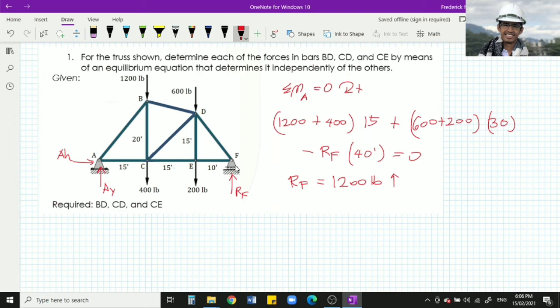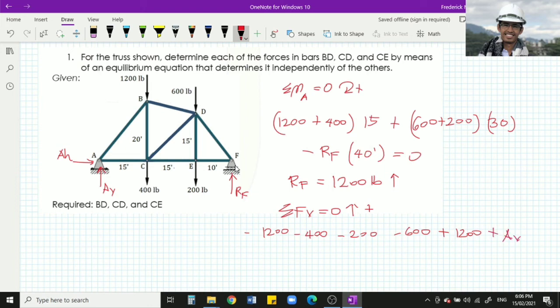So, para makuha natin yung A vertical natin, so magsa-summation forces vertical lang din tayo. Okay? So, summation forces vertical is equal to 0, upward positive. So, that will be negative 1,200 minus 400 minus 200 minus 600. So, plus yung 1,200 natin na RF plus yung A vertical natin.